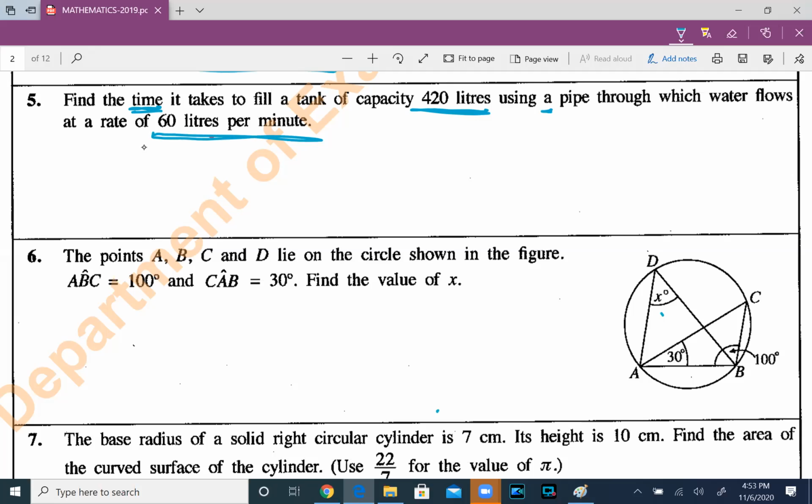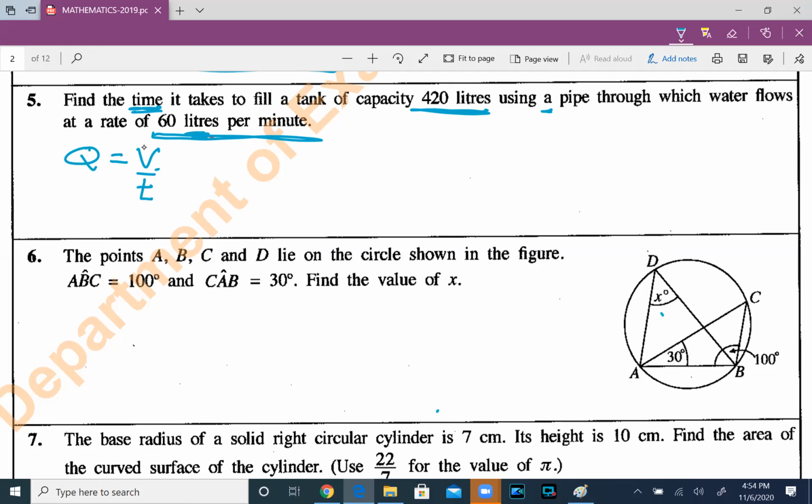So the question is about water flow rate. The equation for the flow rate is Q is equal to volume over time. If you don't remember this equation, it's very simple. Here liters is coming, so it is a unit of volume.